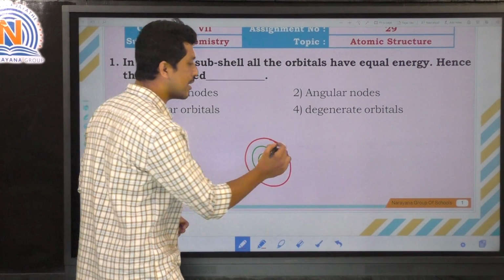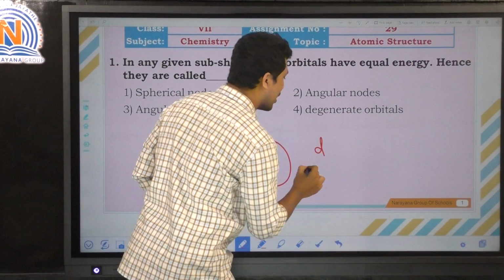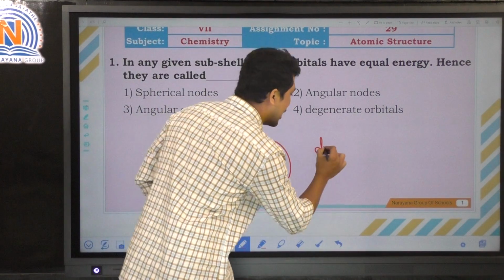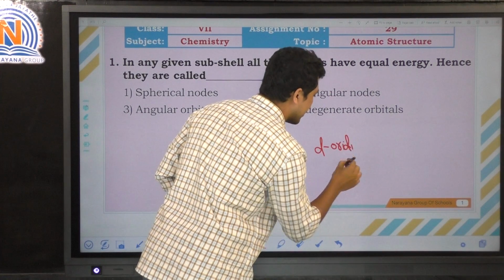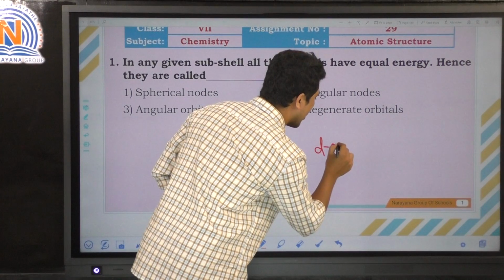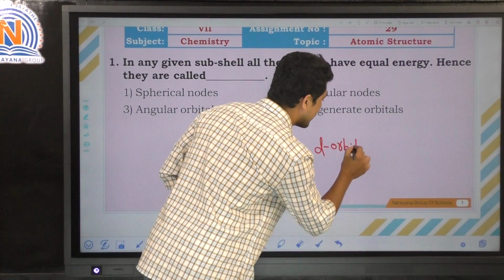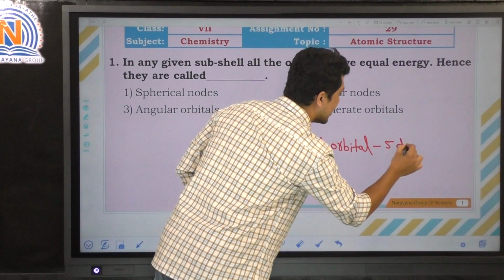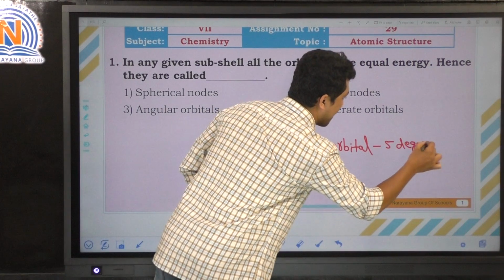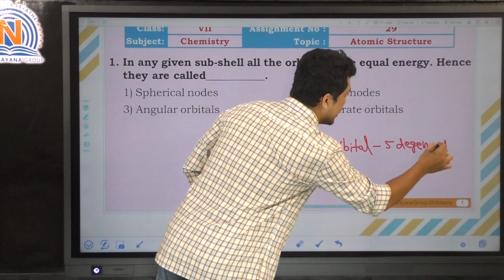For example, if you take the d orbital, the d orbital has 5 degenerate orbitals.